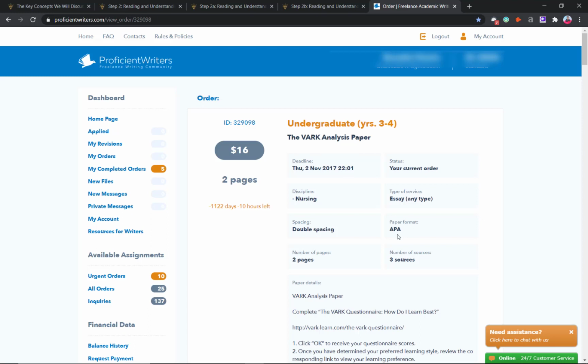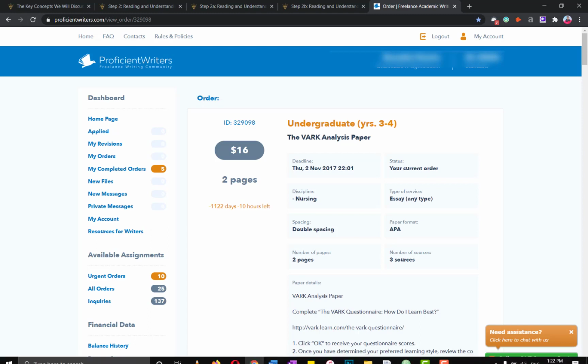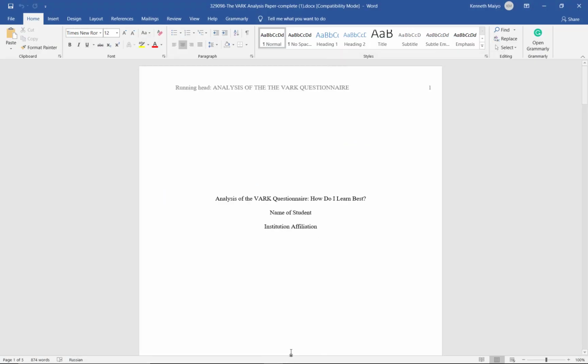Paper formatting, APA. APA is one of the four main structurings of a paper. So in APA, the structure of the APA will tell you... In fact, let me show you a paper structured using the APA format. It's here.